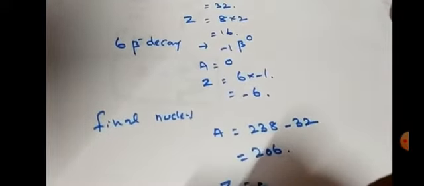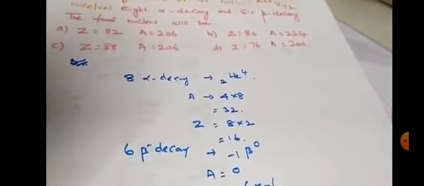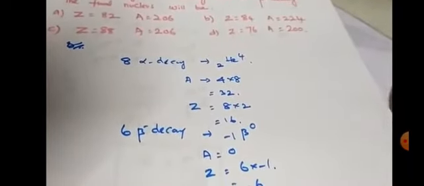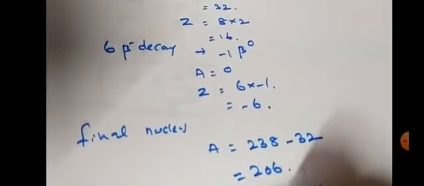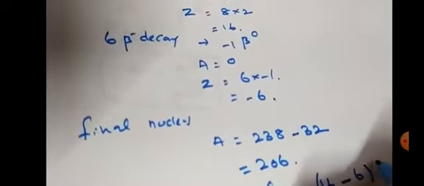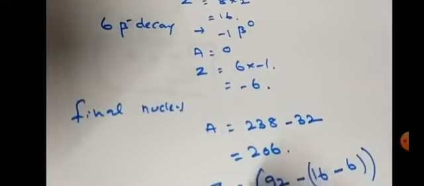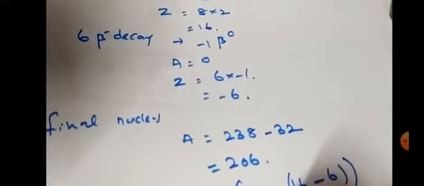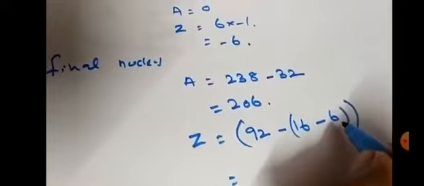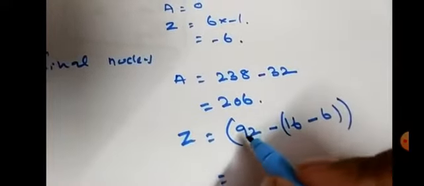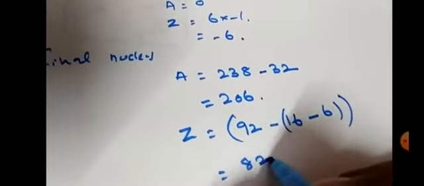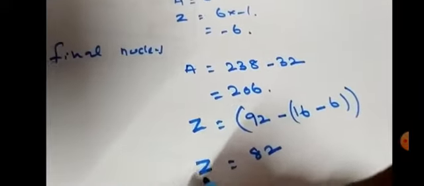Similarly for Z, there was 92, and the other was minus 16, minus 6. Here, first you have to subtract 16 minus 6. Therefore, there will be 10. 92 minus 10, there will be 82. So this is the right answer.